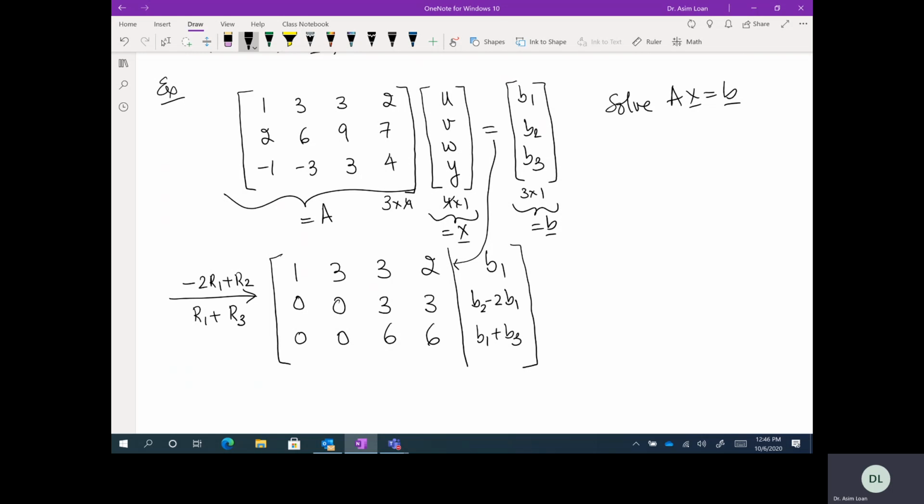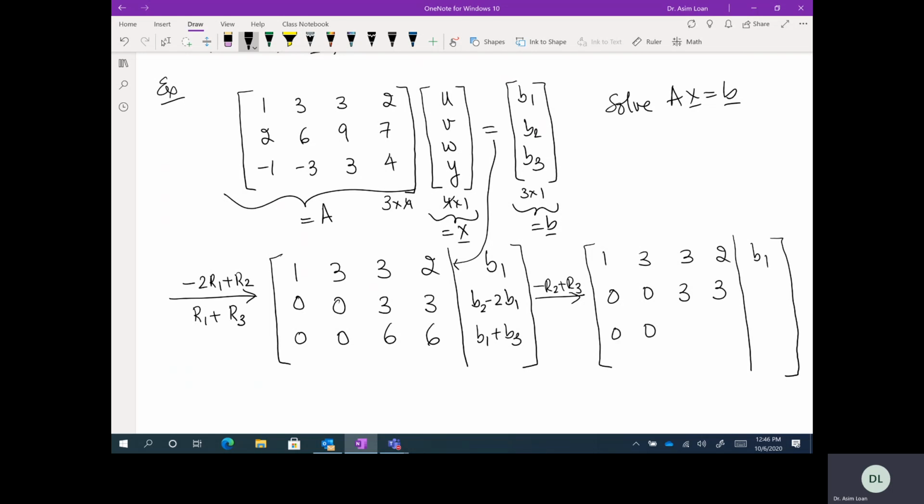Now I want to get rid of these 6's, so I say minus 2 row 2 plus row 3. This is 1 3 3 2, nothing changes here. This is still b1. This is 0 0 3 3, nothing changes here. Minus 2r2 plus r3: -6 plus 6, 0, and 0.